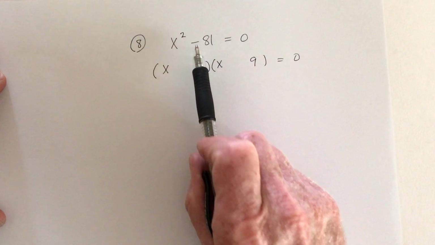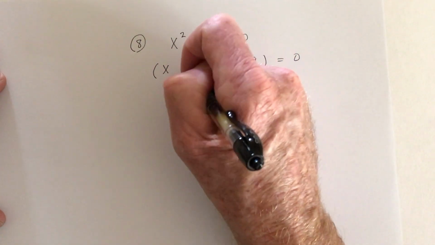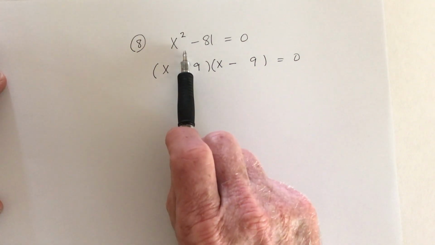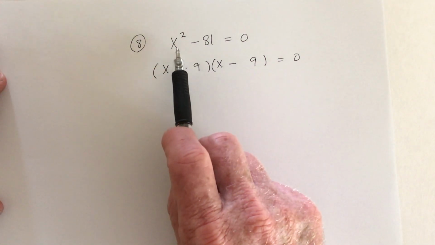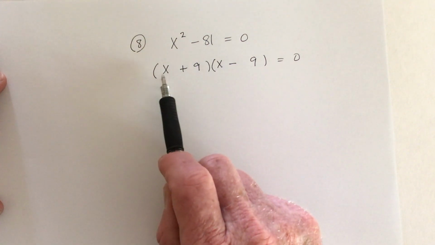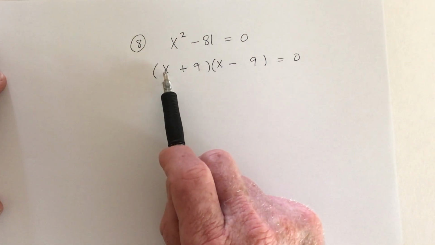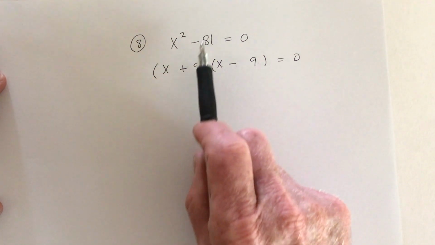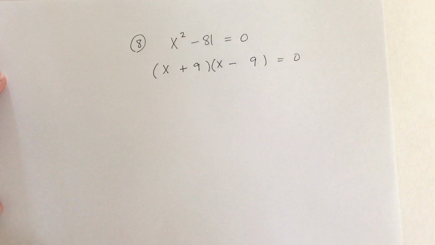Also, it needs to be a negative, so one of these needs to be positive and one of them needs to be negative. So this is a special example. This is called the difference of squares, and so it always turns out very nicely. It's just x plus a number, x minus a number, and whatever these two numbers multiply to give you that, you're done.